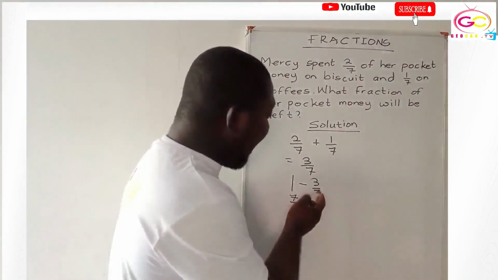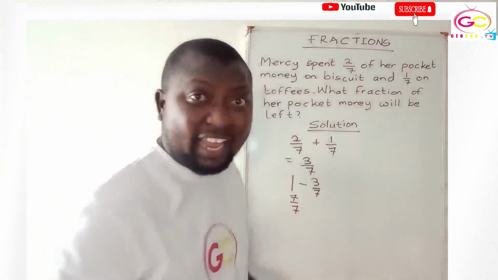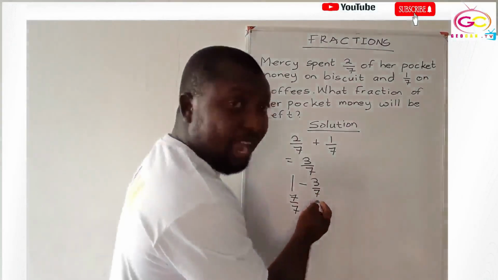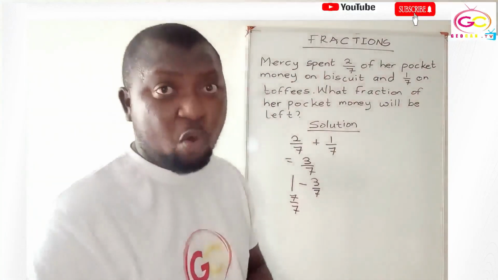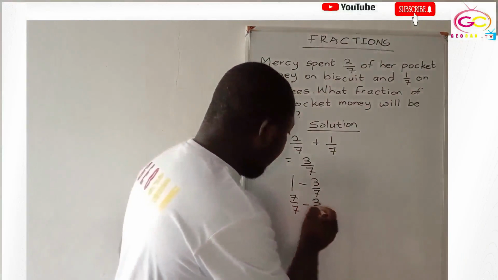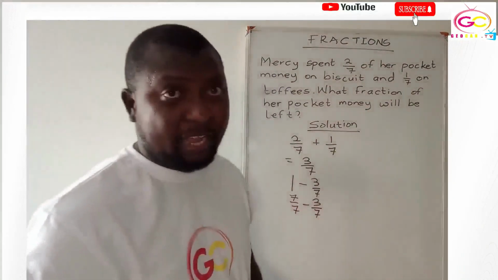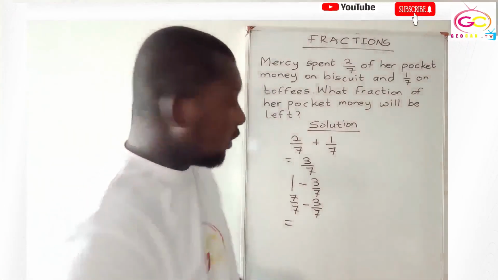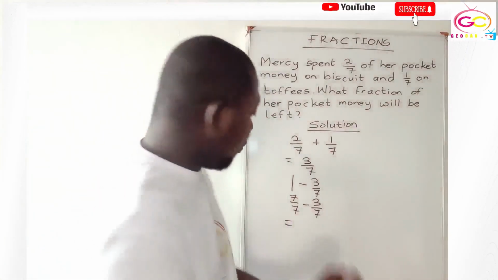So if this were to be 8, I would have written 8/8 here in order to have a common denominator of 8. If this were to be 5, I would have written this as 5/5. I believe you got it, right? So 7/7 minus 3/7. It becomes easy to subtract now. 7 having a common denominator. So 7 minus what? 3 will give us what?